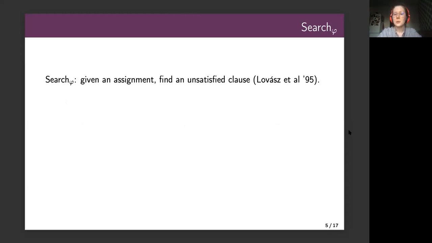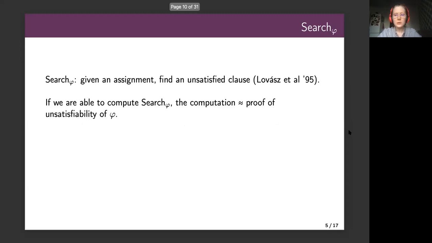So suppose we have some computational model, and in this model we are able to compute this search phi problem. Well, then the description of this computation can be viewed as a proof of unsatisfiability of our formula phi. Why is that? If for every assignment we can find a clause falsified by it, then our formula phi surely must be unsatisfiable.